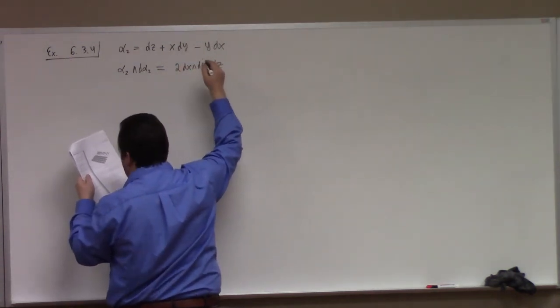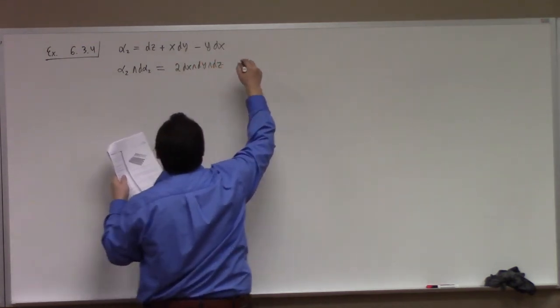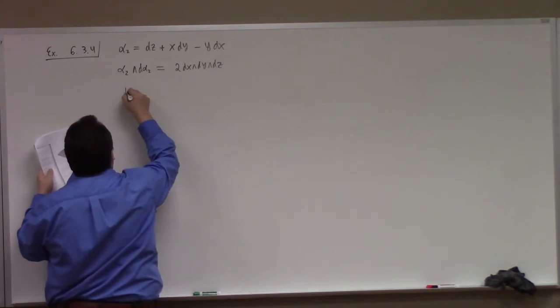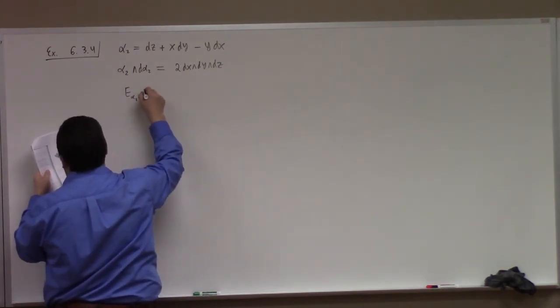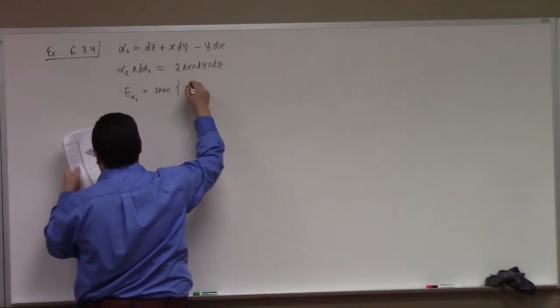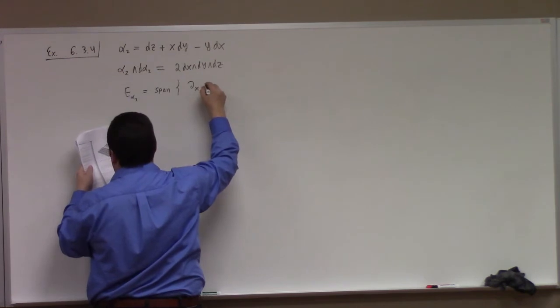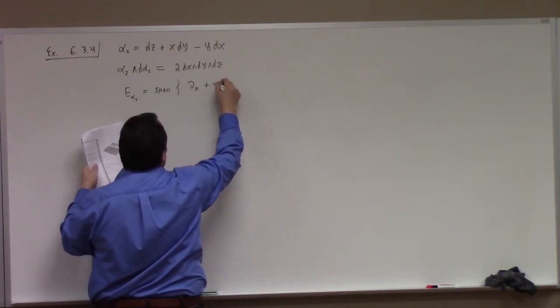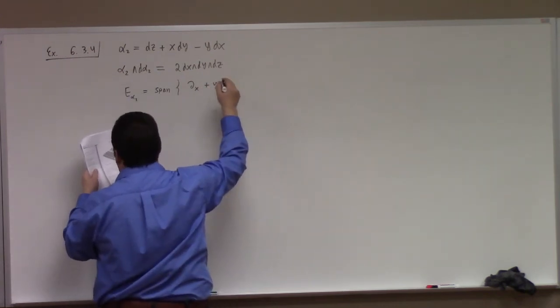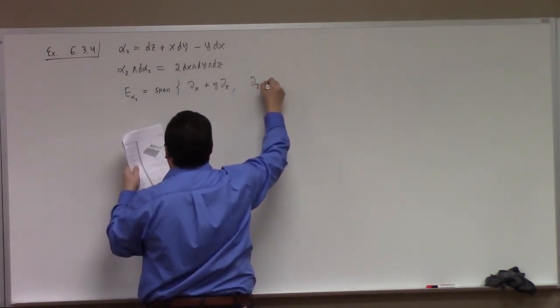And he says that you can work out that the distribution here is just the span of, in my notation, partial x plus y partial z and partial y minus x partial z.